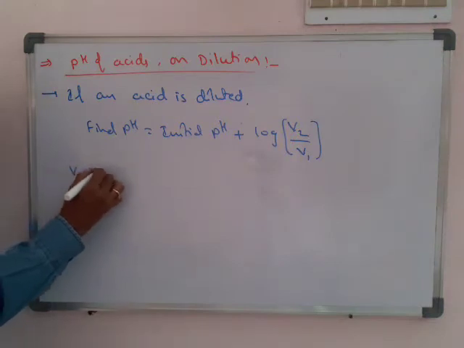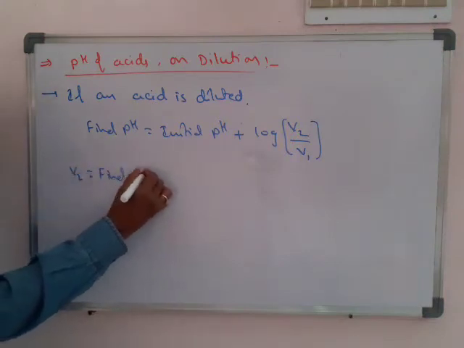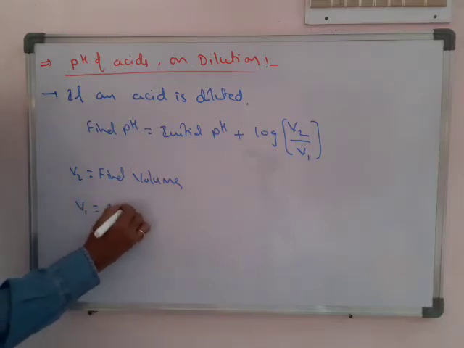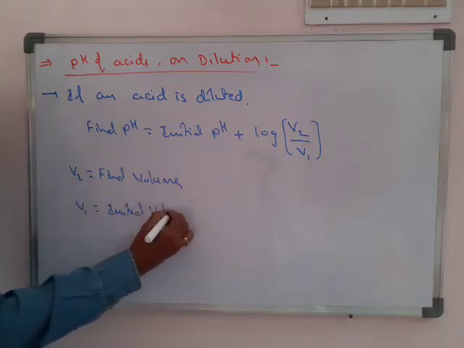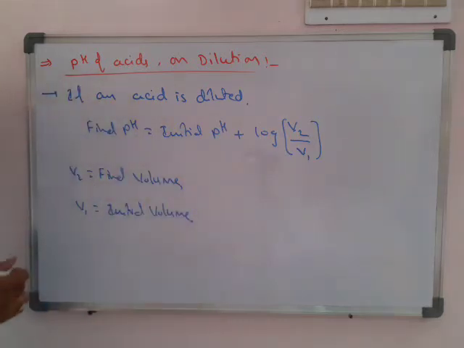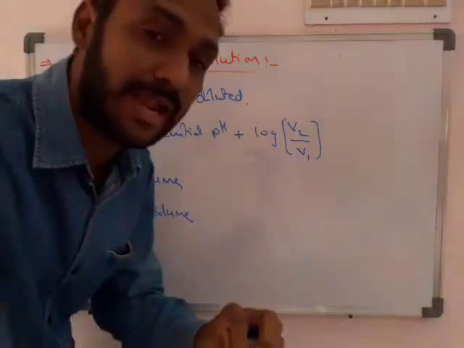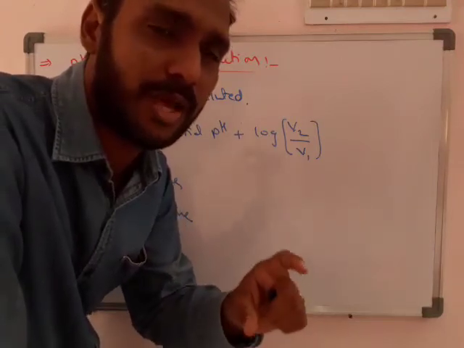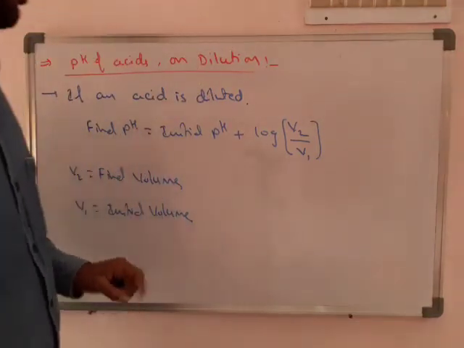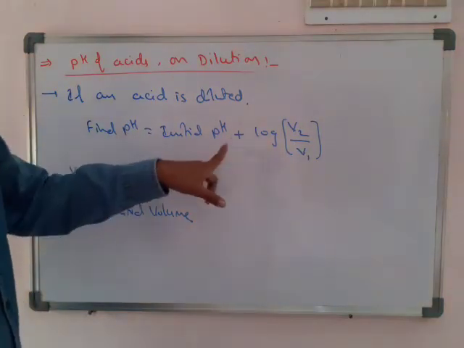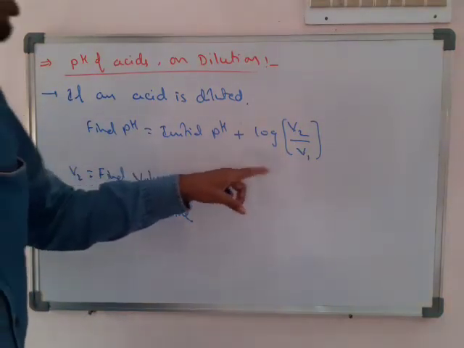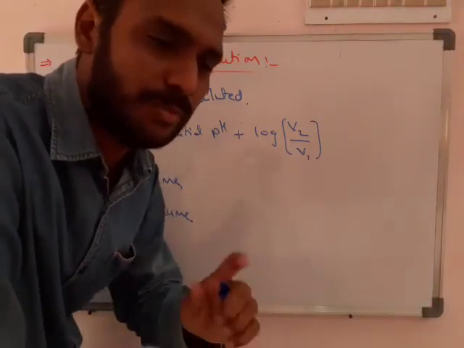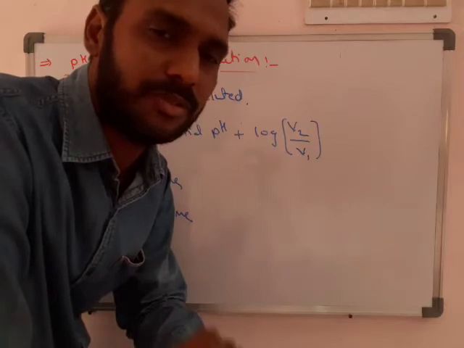V2 is the final value after the total addition of water. So pH plus something means the pH value increases on dilution and its strength decreases. Similarly, we can write the same thing for bases also.